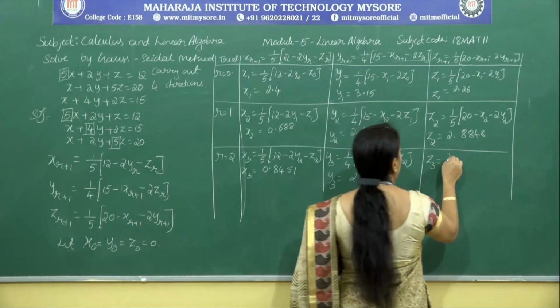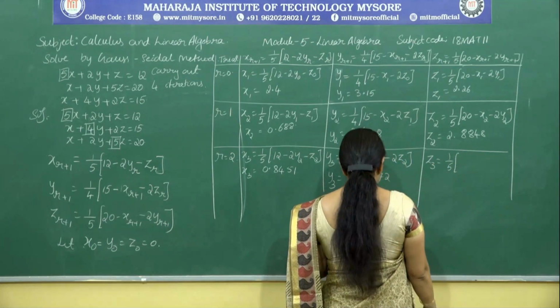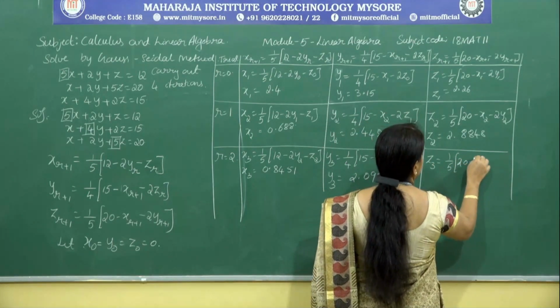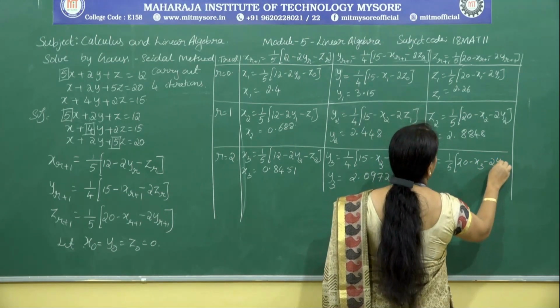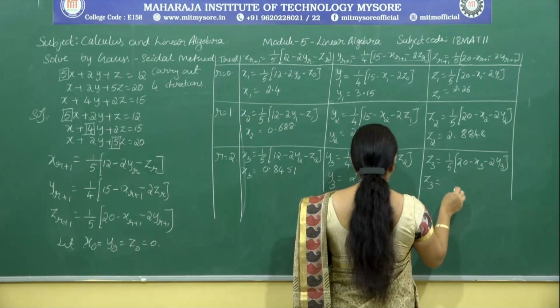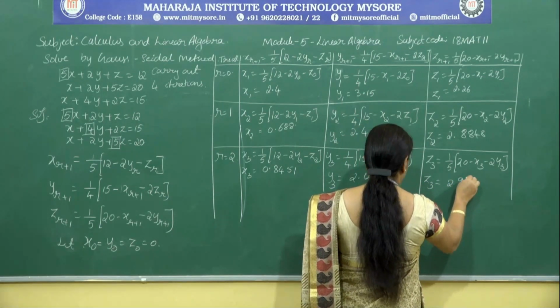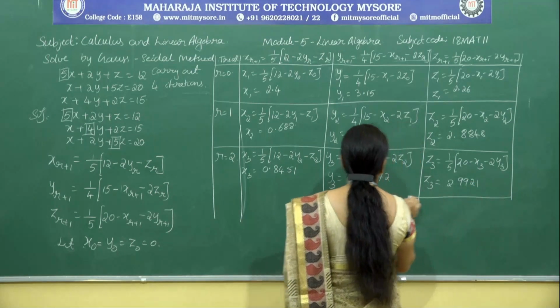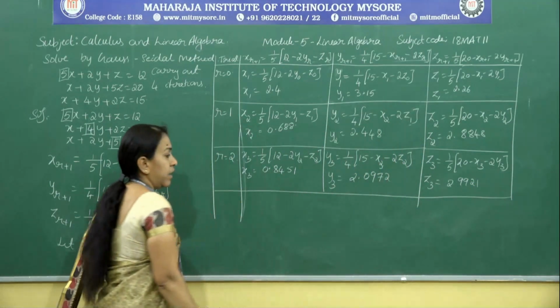And z3 is 1 by 5 into 20 minus x3 minus 2 times of y3, so that your z3 value is 2.9921. So this will be our third trial.